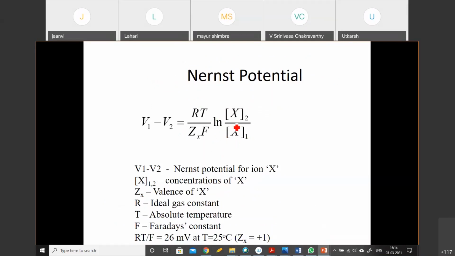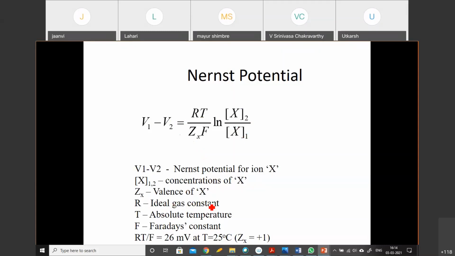So if concentration is high in 2, then voltage is higher in 1. Okay, so there's an inverse ratio. Now this R factor here is the ideal gas constant. T is absolute temperature. This whole thing is applicable to one ion with respect to a certain semi-permeable membrane. So Zx indicates the valence of that ion.